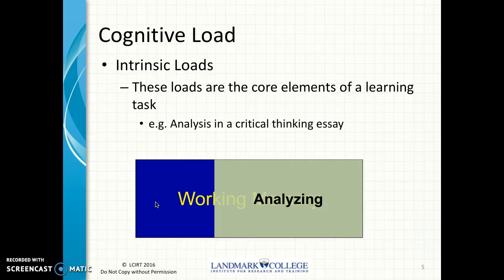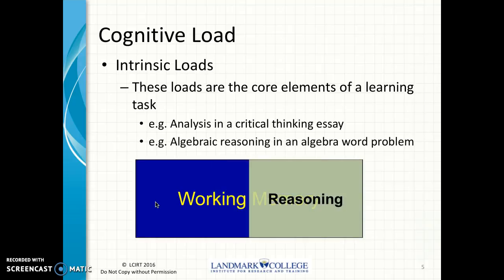And so we would consider that an intrinsic load. That's a load we want students to struggle with because that's what's going to help them learn. Algebraic reasoning, again, might be a core element of an algebra word problem that a student is struggling with.